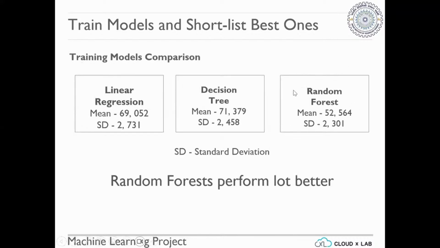The best model means the model that is giving the maximum validation accuracy or minimum validation error, right? As you can see here, this model is giving the minimum error. Therefore, we will select the random forest model as the best model, right?